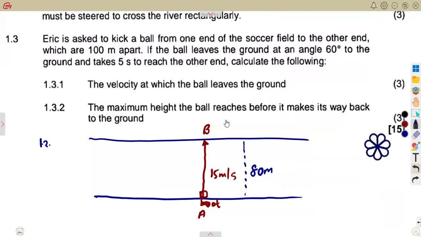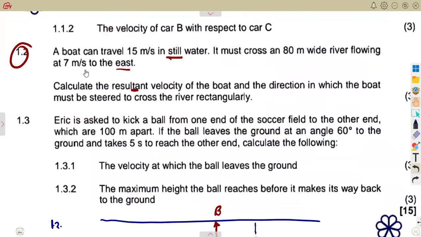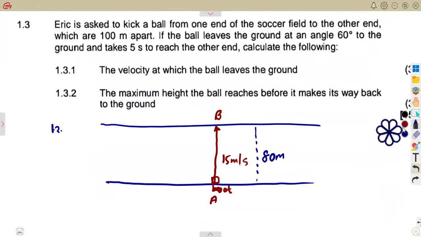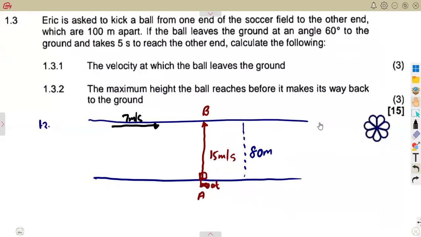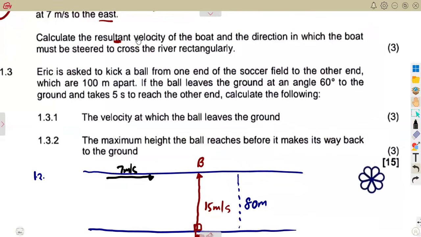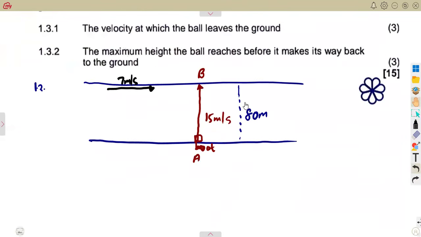Then this river is flowing at 7 meters per second to the east, which is the velocity of the river. So the question is, what is going to be the resultant velocity and also the direction when this is steered rectangularly?